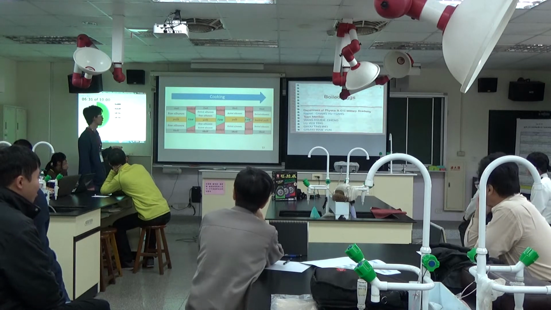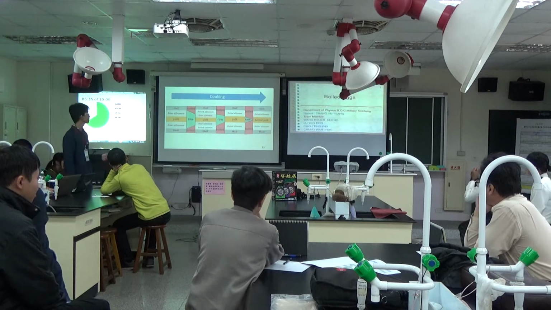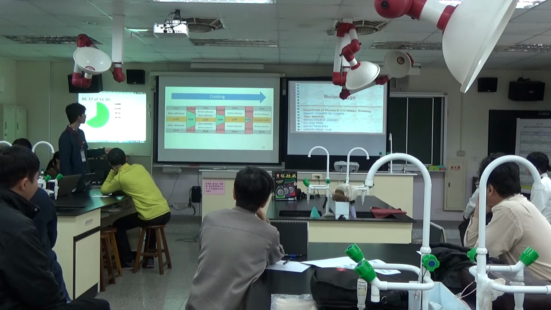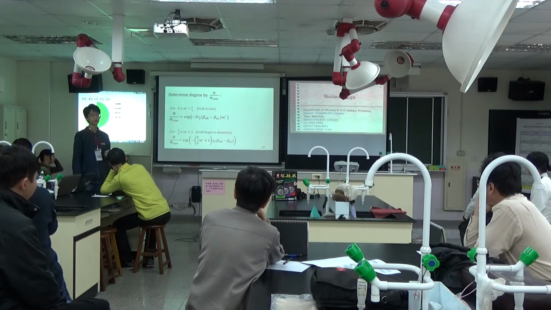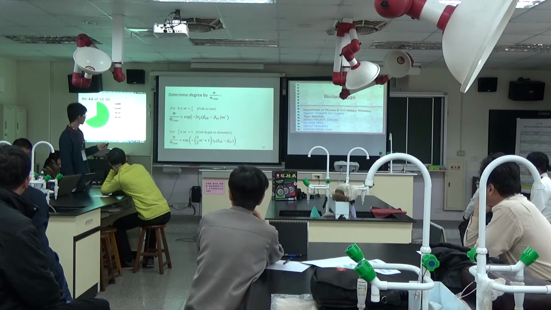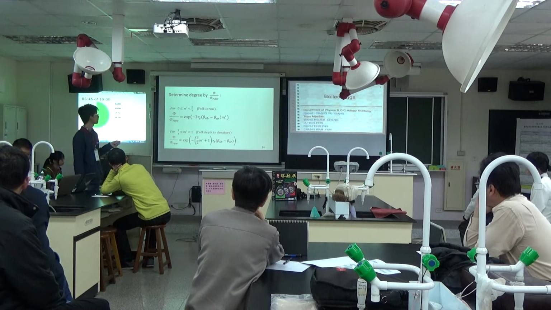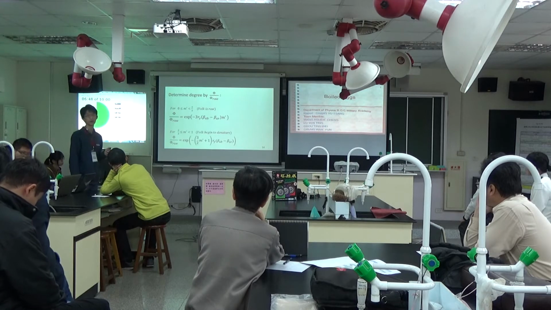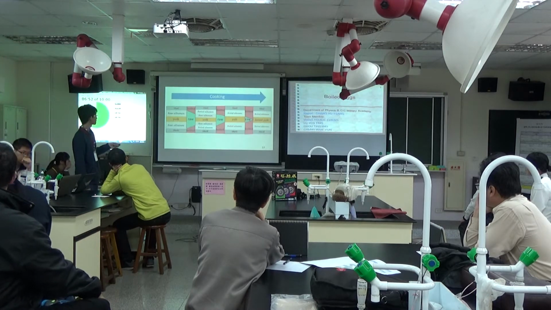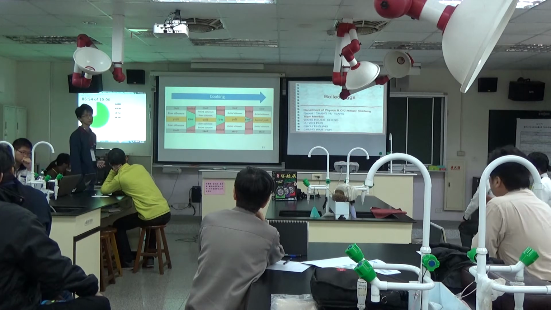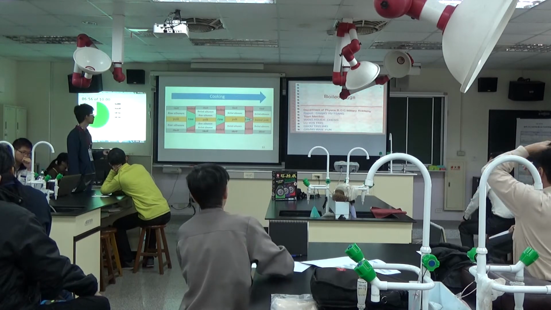After all the albumin is denatured, the yolk starts to denature. And finally all the egg is denatured. We can determine the degree to which the egg is boiled by phi of the egg over phi of the raw egg. And we can cut the cooking into two portions.